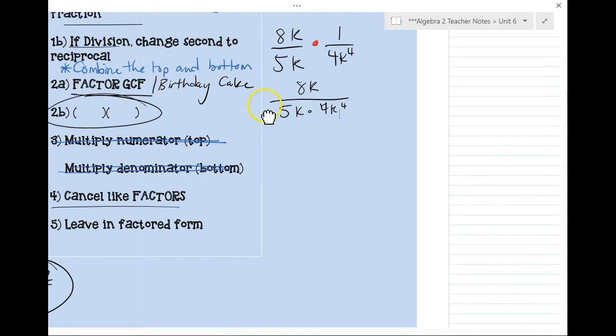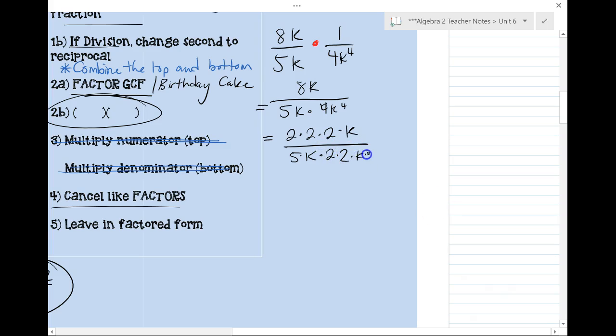And break it down. And we can use the birthday cake method, or if you just know what they break down to, you can write it out. So we know that 8 breaks down to 2 times 2 times 2 times k over 5 is a prime number, so we can't break that down. 4 is 2 times 2.